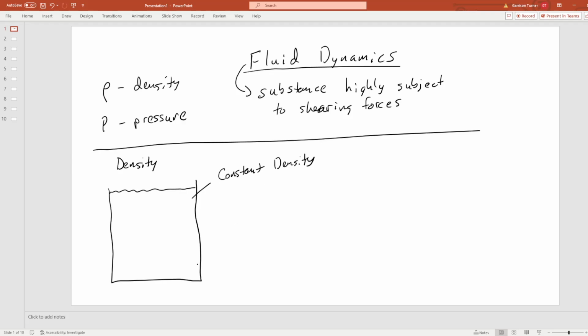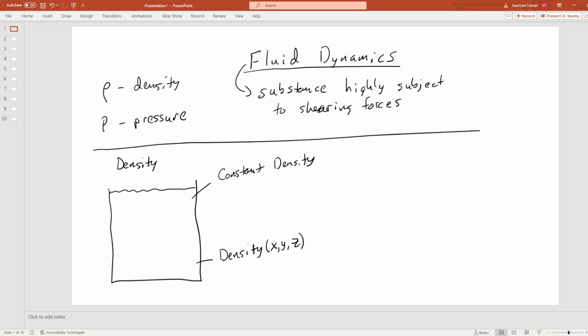And the other option is that the density is some sort of function of spatial coordinates. So your density could be a function of XYZ if you're in Cartesian coordinates, could be a function of R theta phi if you're in spherical coordinates, whatever the case may be.